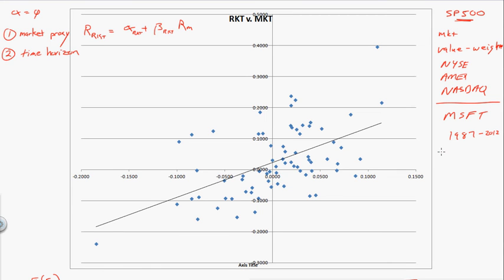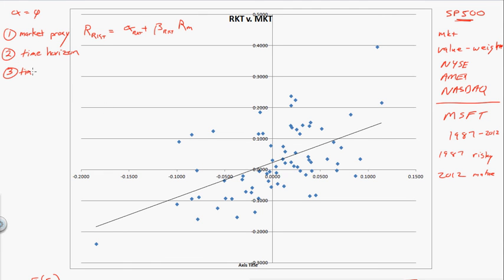Is Microsoft the same company in 1987 that they are in 2012? The answer is no. Very simplistically, they were a very risky company in 1987 because you didn't know what they were going to be, and now they're a mature, well-known company. You know kind of exactly who they are today. So I don't know the time horizon.